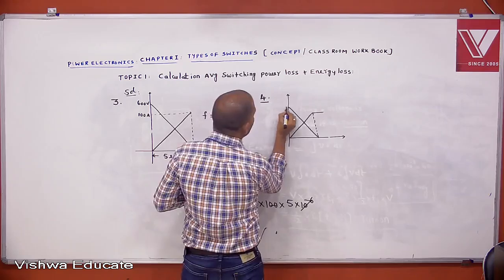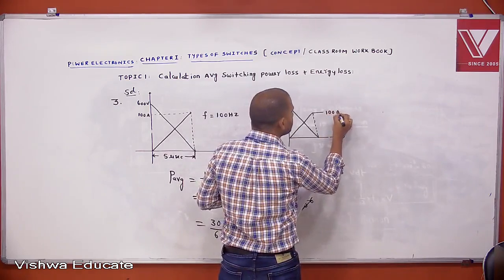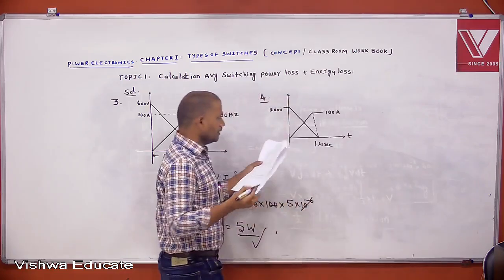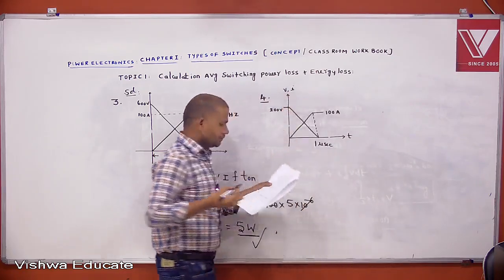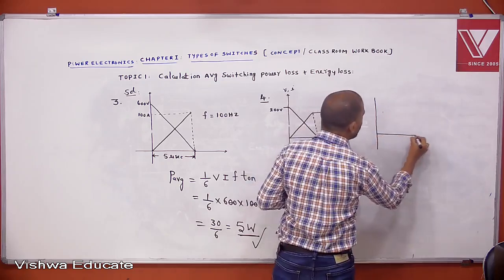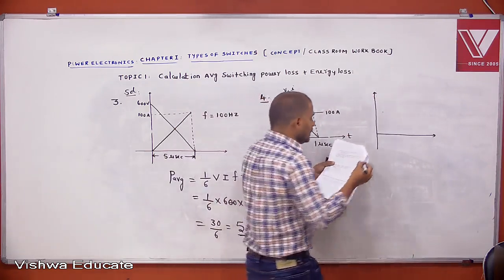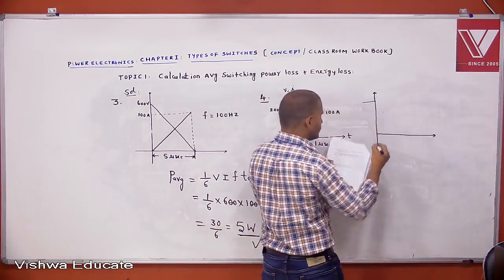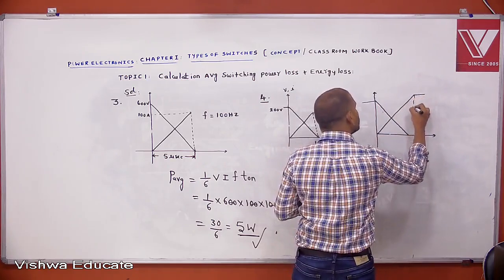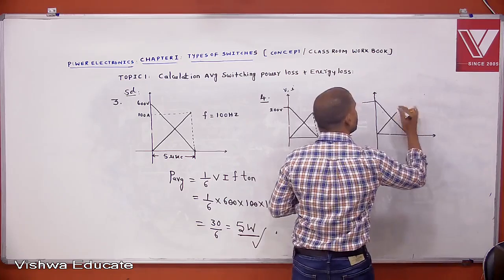This is 200 volts and this is 100 amperes. How much time? 1 microsecond. This is V comma I. The other characteristics are also given.